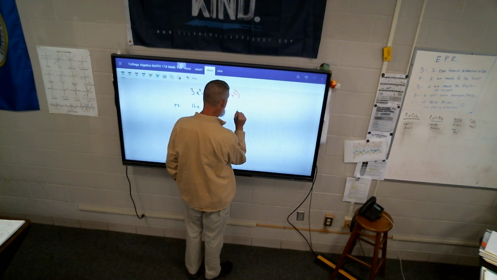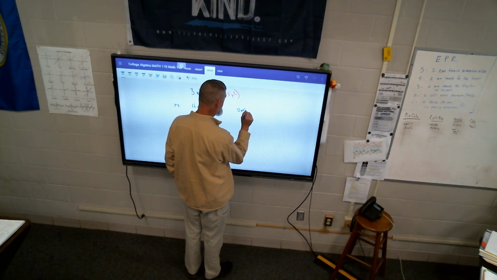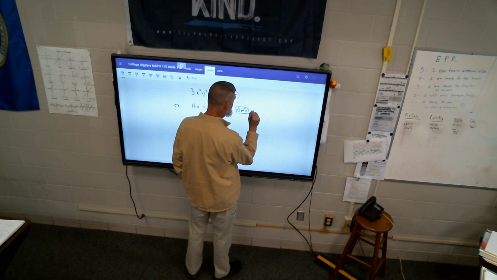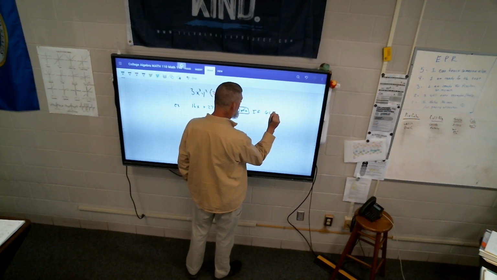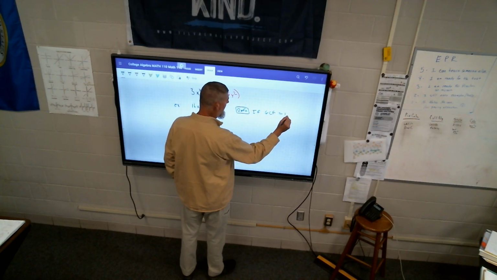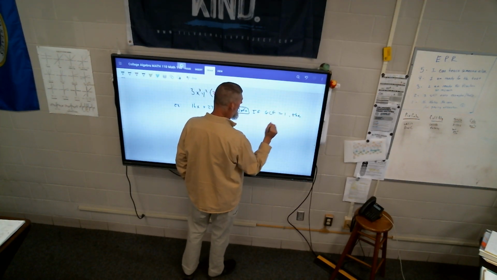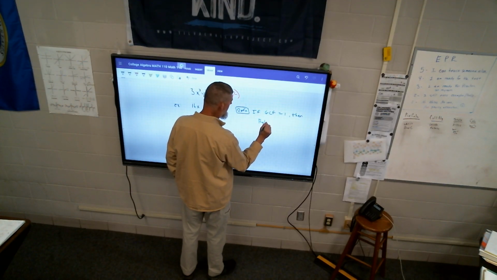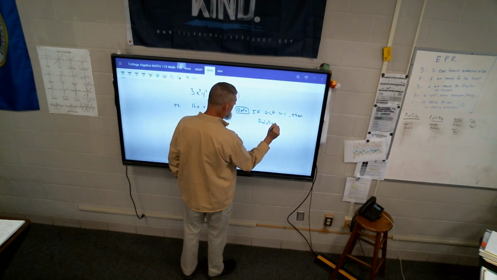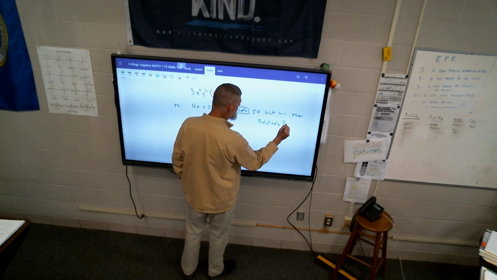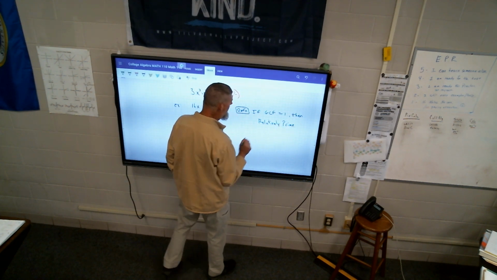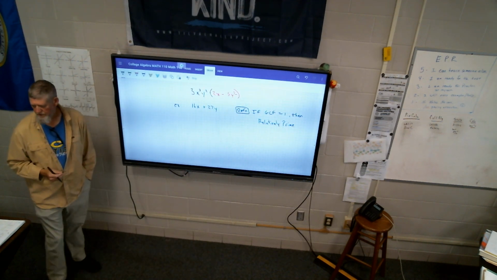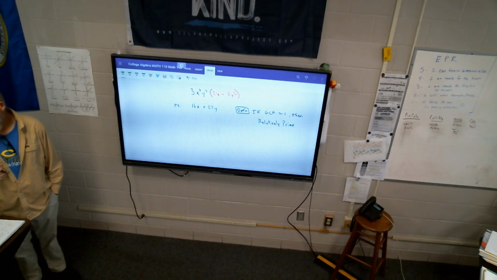So here's our definition: if greatest common factor equals 1, then we call it relatively prime. These two numbers are relatively prime, means the greatest common factor is simply 1.